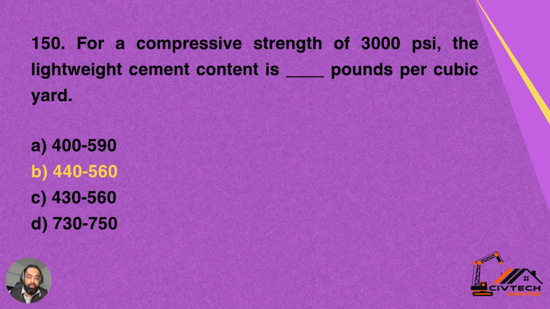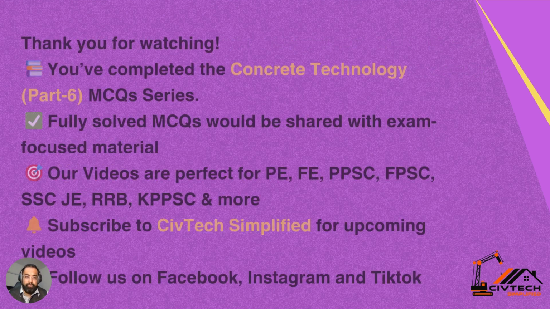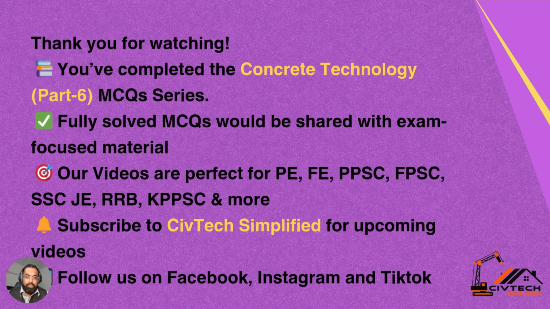Option A, 400 to 590. Option B, 440 to 560. Option C, 430 to 560. Option D is 730 to 750. So for compressive strength of 3000 psi, the lightweight cement content should be 440 to 560 pounds per cubic yard. So option B is the correct answer for this question.